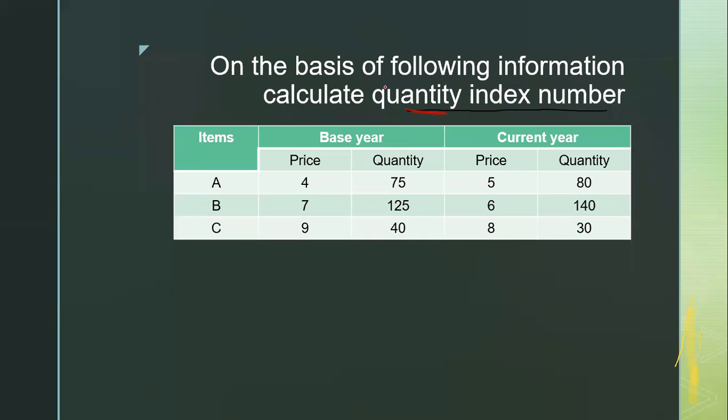As they have asked us to calculate quantity index number, we will take the values of the quantity and we will be calculating all the 5 methods, that is Laspeyres, Paasche, Marshall-Edgeworth, Dorbish and Bowley's, and Fisher index number, or ideal index number.